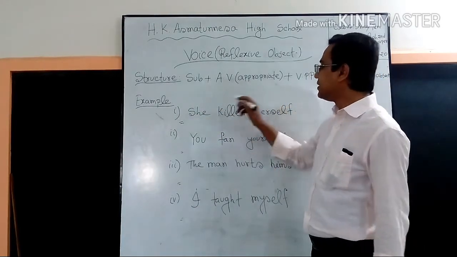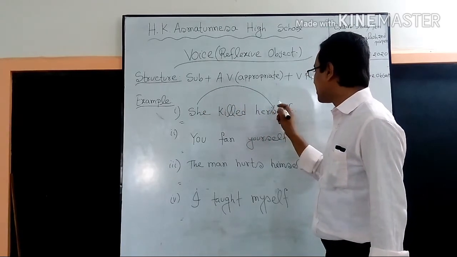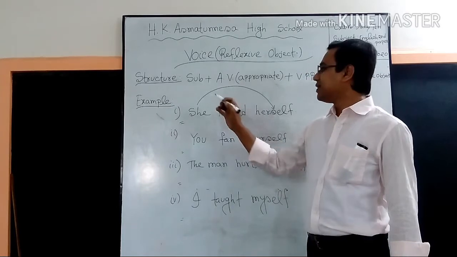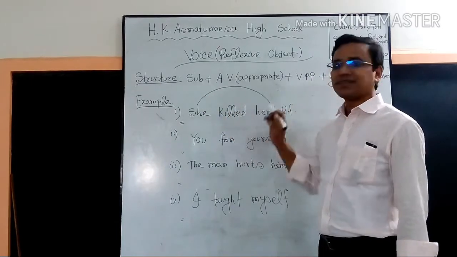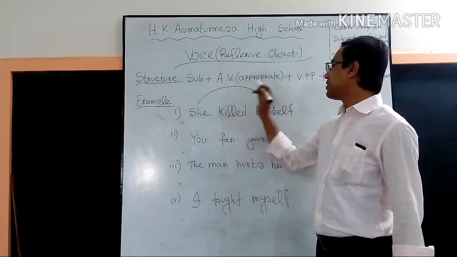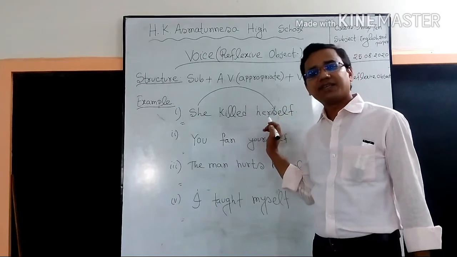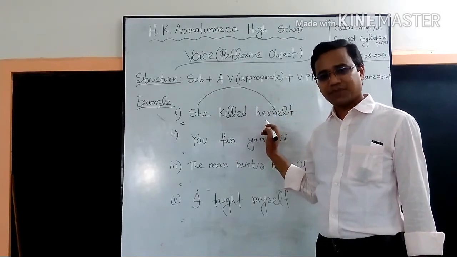Look very carefully. This subject reflects this object. That means the subject and the object are the same person. So this subject reflects this object. That is why we can call it reflexive object.